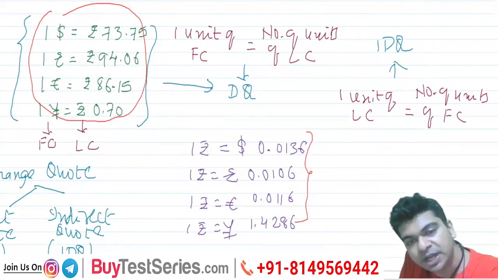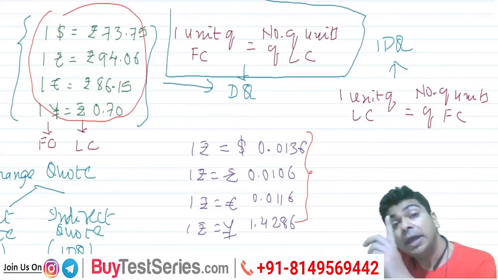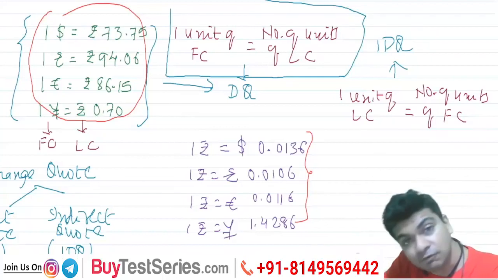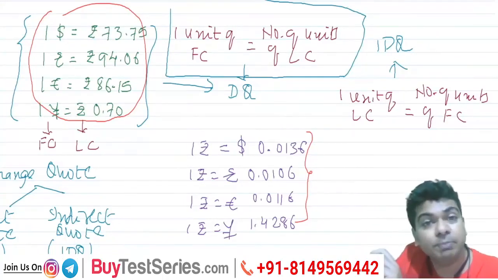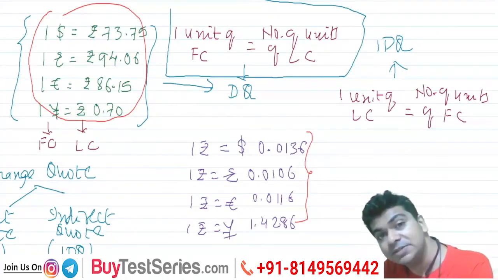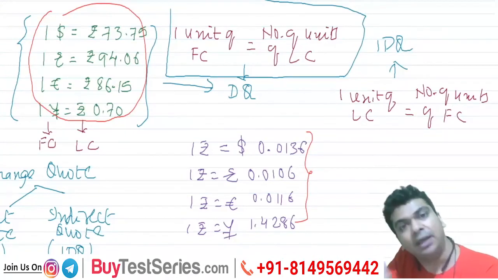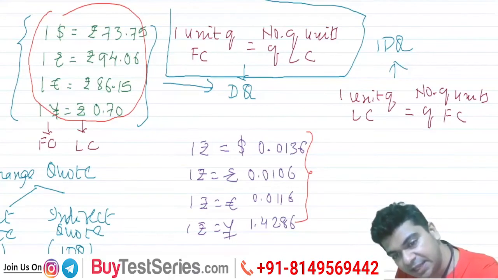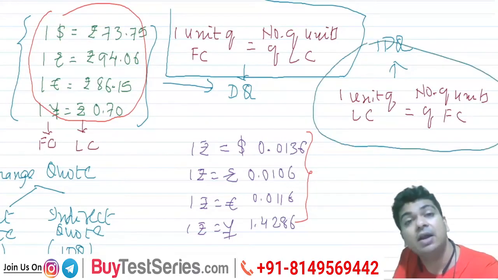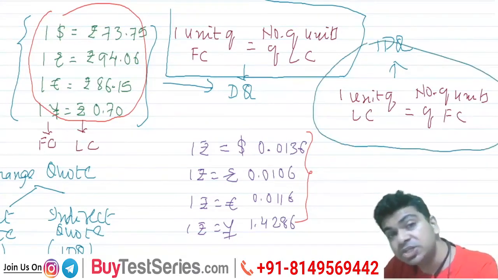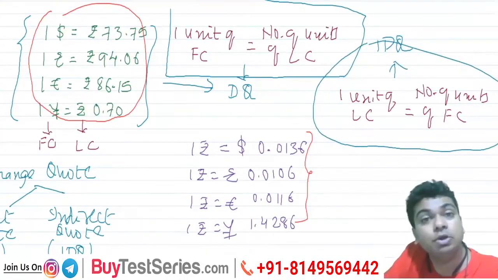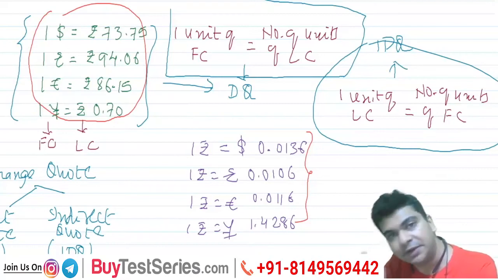You can say a quotation is direct if it is an exchange rate expressing the number of units of local currency per 1 unit of foreign currency. How will you decide that it's an indirect quotation? An indirect quotation expresses the number of units of foreign currency per 1 unit of local currency.